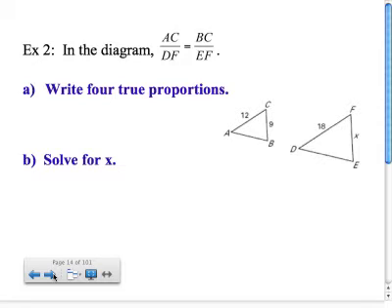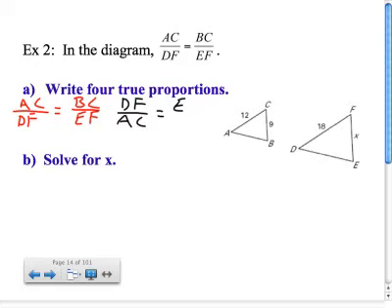In other words, we have the given one, so we know this is true. AC over DF equals BC over EF. That's one. A second one is I can take the reciprocal of both sides, so DF over AC equals EF over BC.